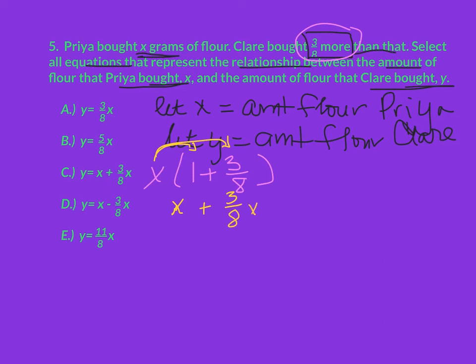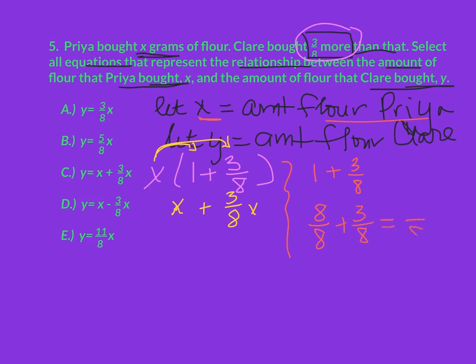X. Okay. The other way we can think about this is that if X, or what Priya has, is 1 whole, and then Claire bought 3/8 more, we could do 1 plus 3/8 on its own. I would like to change 1 to 8/8 because it's in eighths and it's 1 whole, so that's 8/8 plus 3/8.